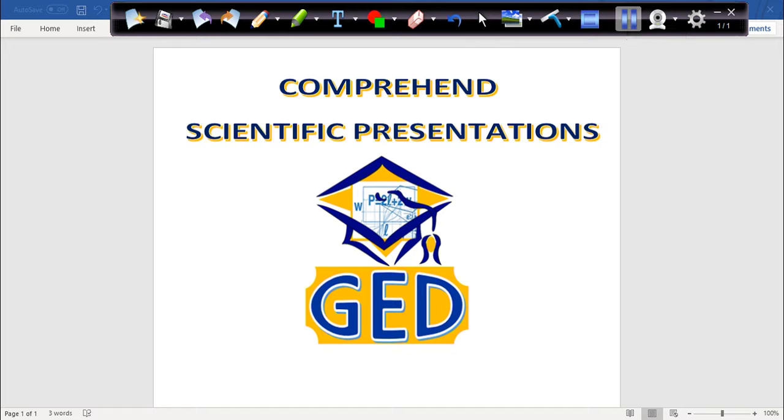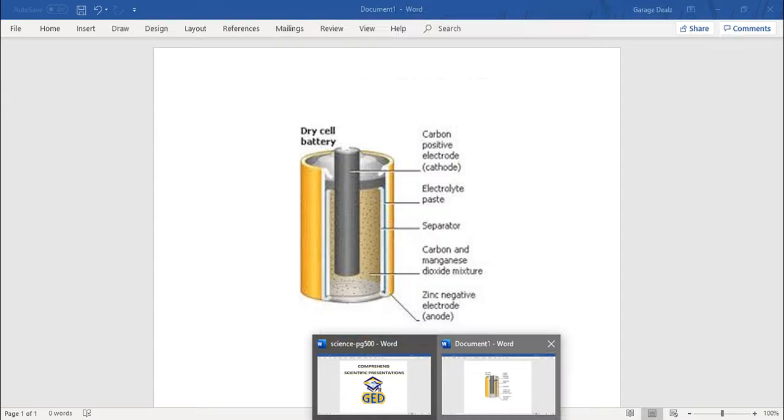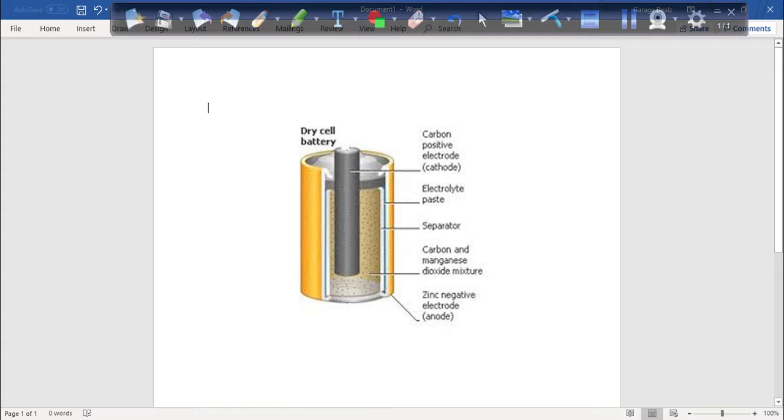It won't be exactly like the one in your book on page 500, but it's similar, so we can illustrate our point. Here we have a dry cell battery, and the one in your book and the one on the screen tell us absolutely nothing about how dry cell batteries power machinery. There's nothing that it tells us.